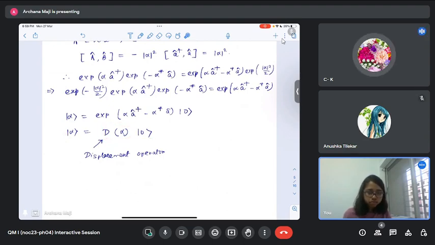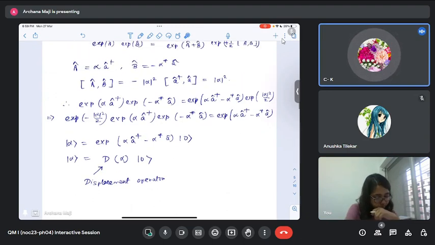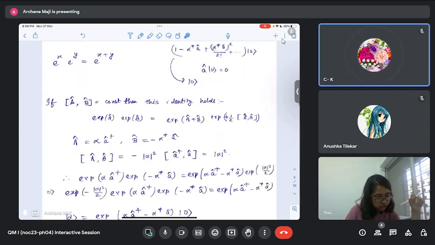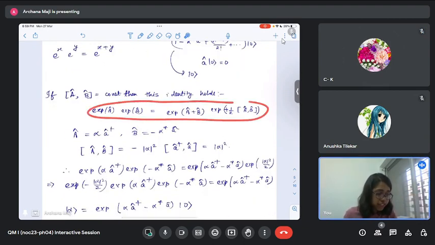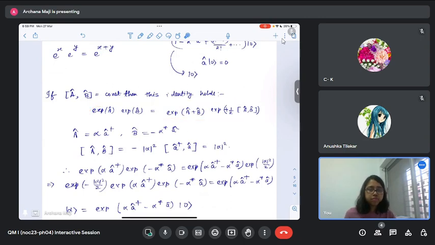Madam, exponential minus alpha square by 2, why is this factor of 2 coming? Oh, the 2 is due to this identity. This identity is as follows. There is this by 2. So this identity is called the Baker-Campbell-Hausdorff identity. You can search on the internet if you are interested to see.